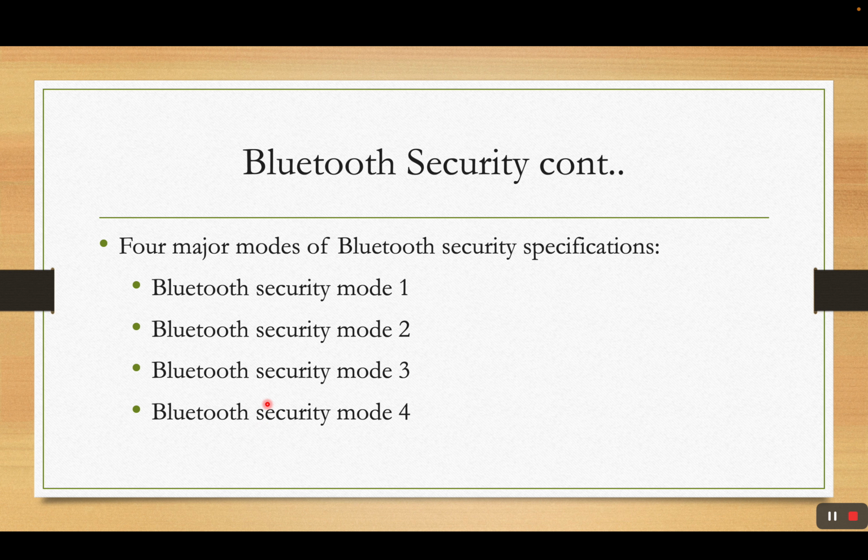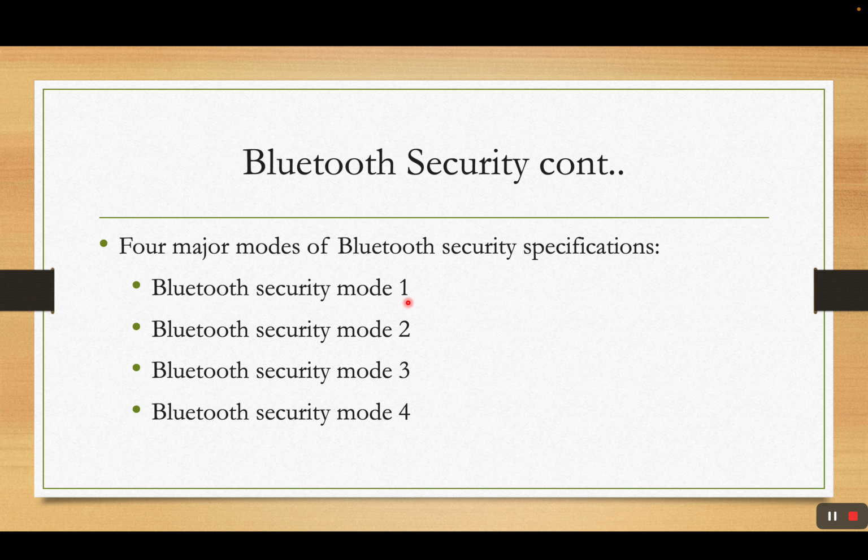Now, let's discuss how the things we mentioned, the authentication, authorization, and confidentiality processes, can be applied to these modes. There are different types of security modes: one, two, three, and four. The first one is non-secure mode, mode one. It's the least secure mode of operation and is only supported up to Bluetooth 2.0 plus EDR.